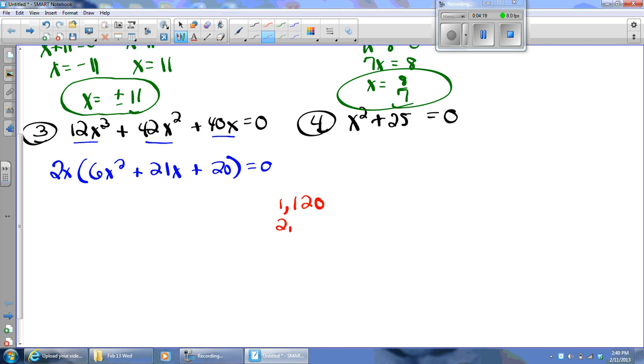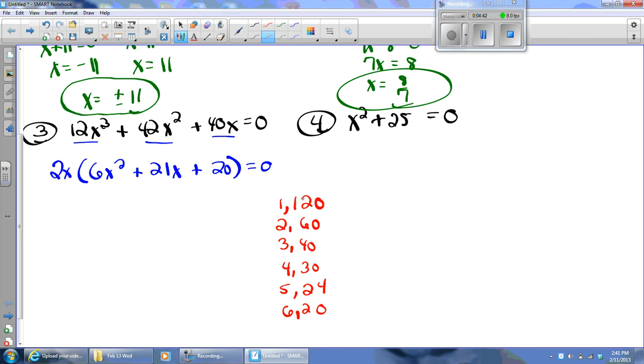So that would be 2 and 60, 3 and 40, 4 and 30, 5 and, oh, I've got a mental blank, 24? Yeah, 24, good. That's not going to work. 6 and 20, that's not going to work.